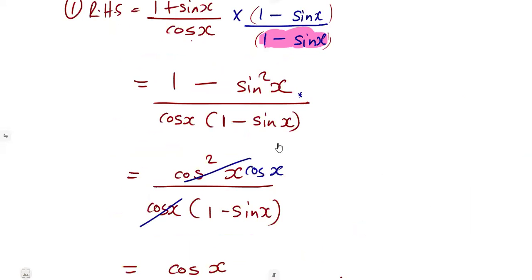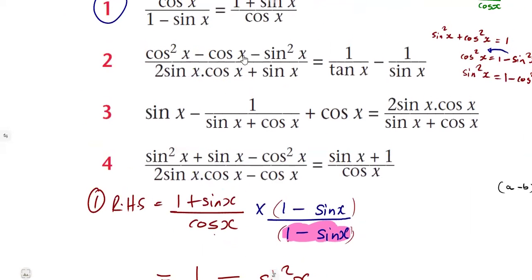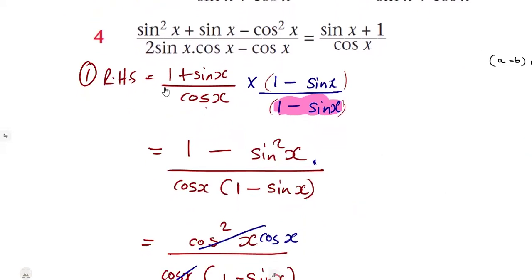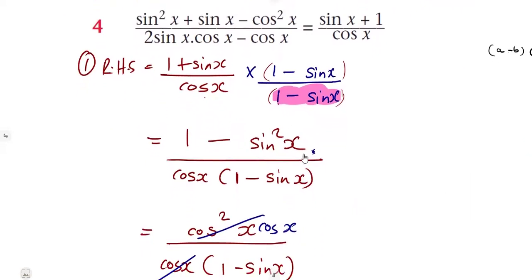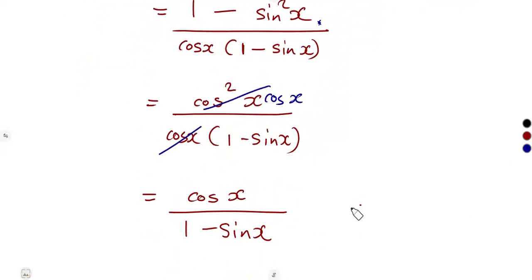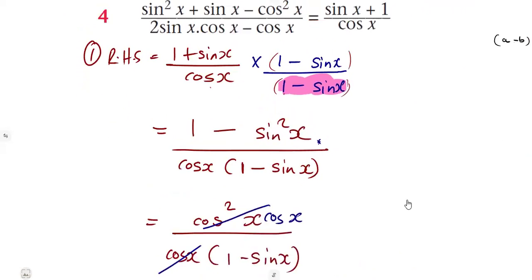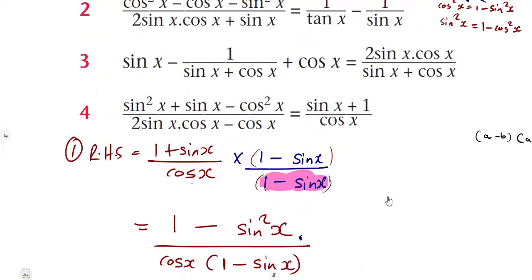So that's cos x over 1 minus sine x, exactly what we have on the left-hand side. So we proved from the right-hand side that it is the same as the left-hand side. In this condition of our question, we can work from either side. The left-hand side is up to you. The right-hand side is up to you.